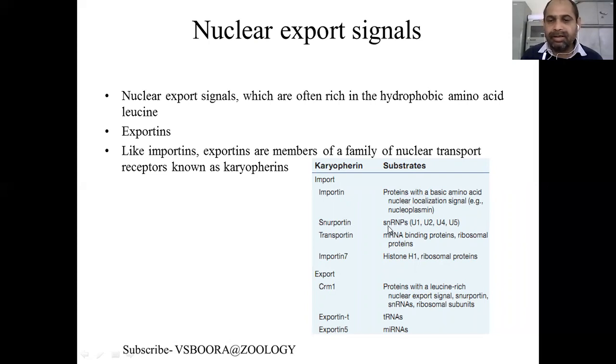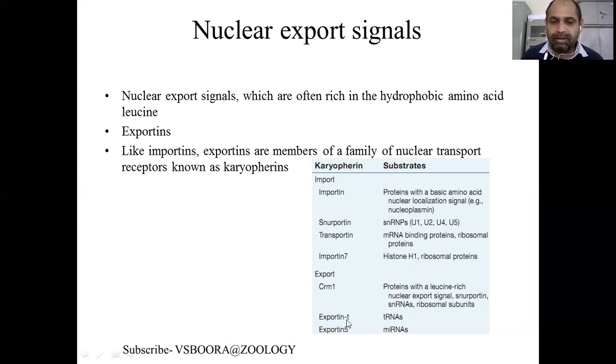Cargo includes snRNP proteins, small nuclear ribonucleoproteins U1, U2, U4, and U5, and transportin, which is responsible for mRNA binding proteins and ribosomal protein. Importin 7 is linked with histone H1 and ribosomal protein, and these are imported toward the nucleoplasm.